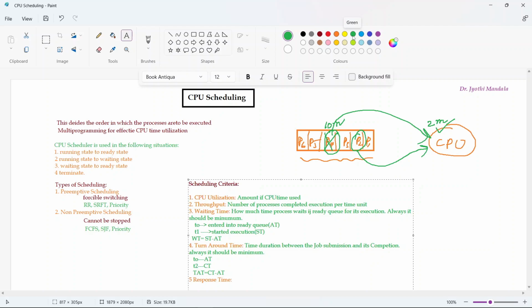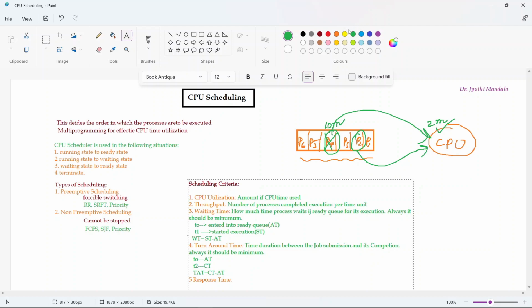After we get the first response, it can continue with its new results generation, that is okay. In that case, the time required to generate the first response is called the response time. Whichever algorithm generates that first response in less time will be considered the best algorithm.